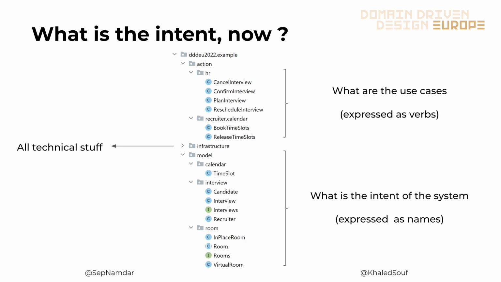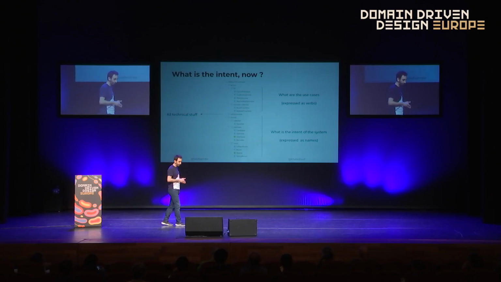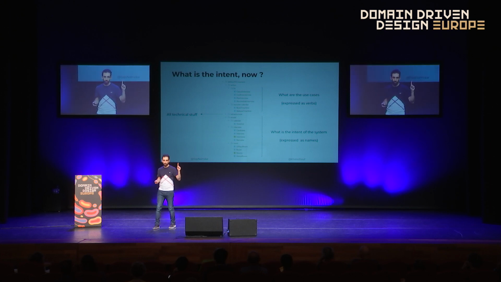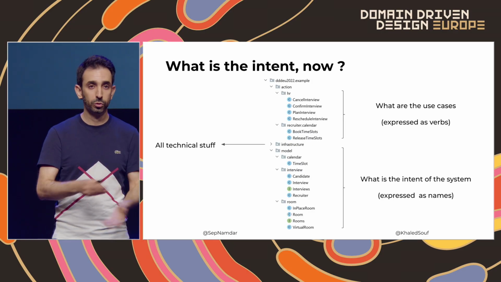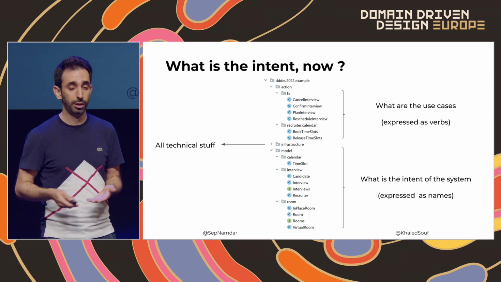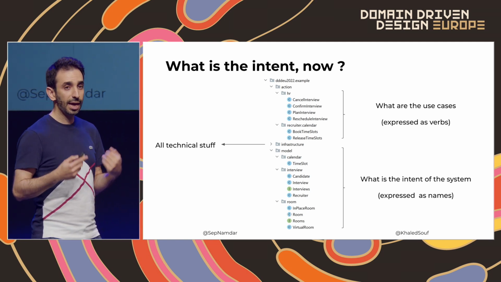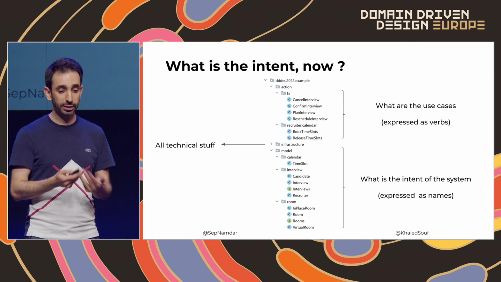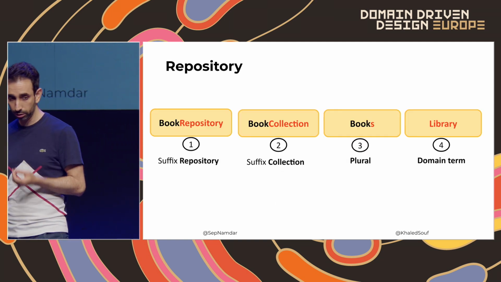What is my system supposed to do? Who are my actors? And all the technical stuff, I can put somewhere, for example, in a package named infrastructure. So now I can focus only on my domain. The other thing is that here we have just one context, which is doing an interview for human resources. That helps me to understand the intent behind this project structure.